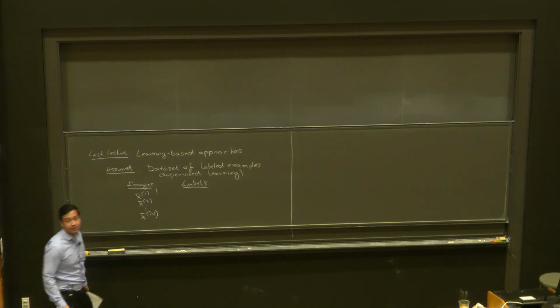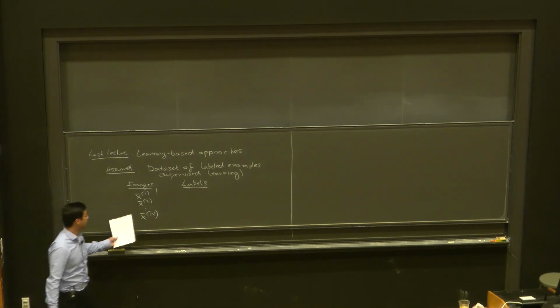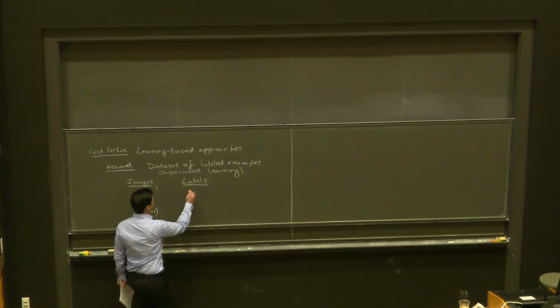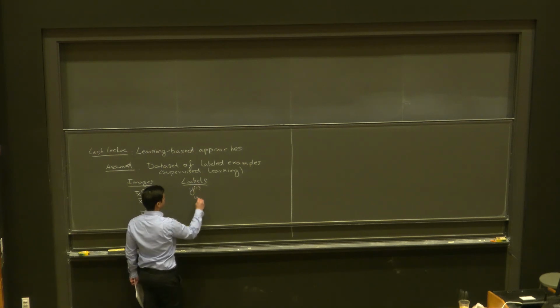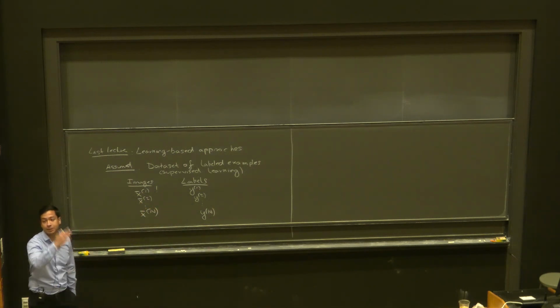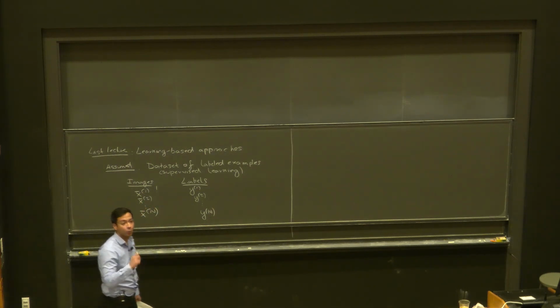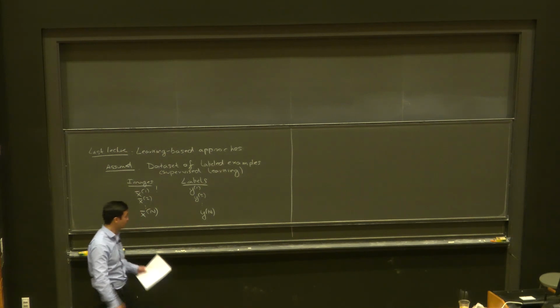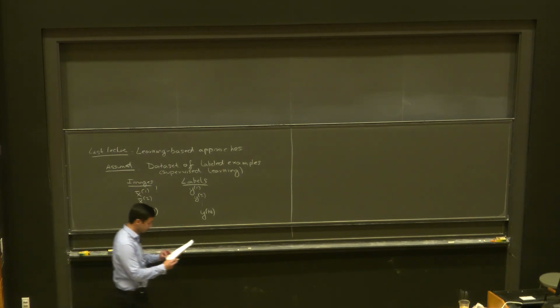We assume access to, let's say, capital N different examples with corresponding labels. For pedestrian detection, the labels are binary, 0 or 1: 1 if there is a pedestrian in the image, 0 if there's no pedestrian.